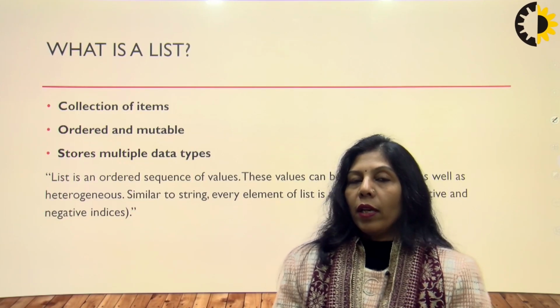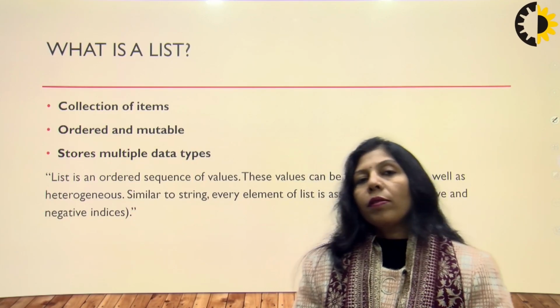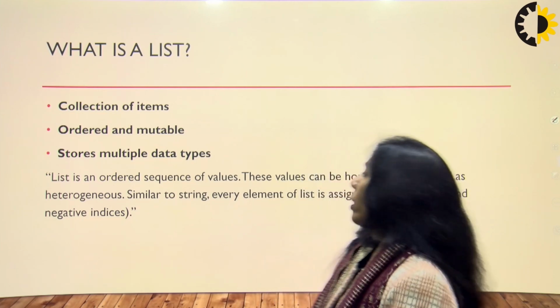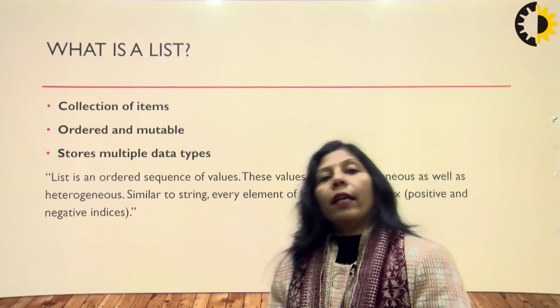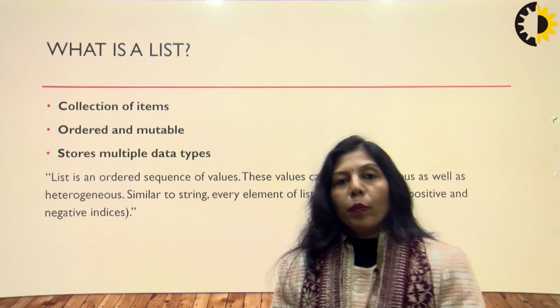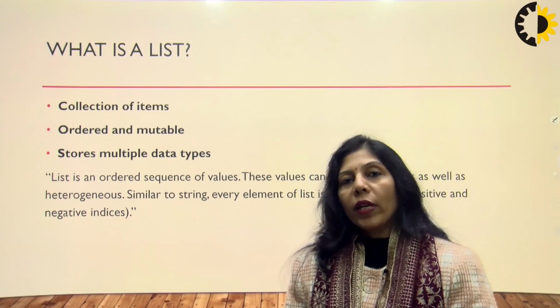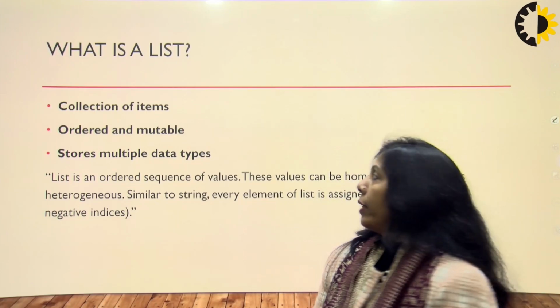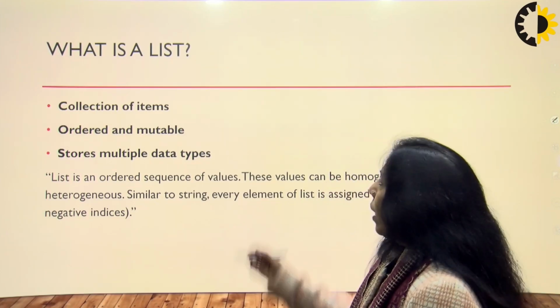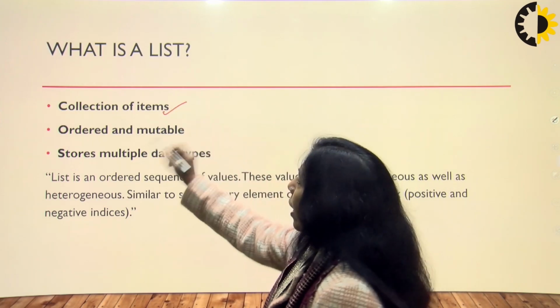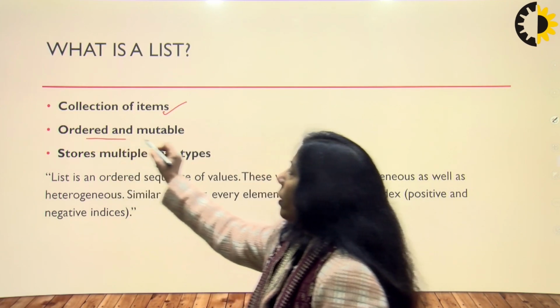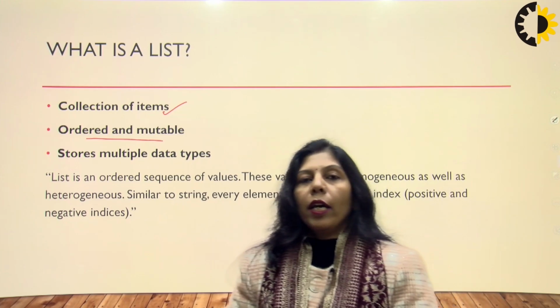Heterogeneous as in there are various other types of data. It can be a list, a number, a decimal number, a string, it could be anything. Also, other than a collection of items, it's ordered and mutable.